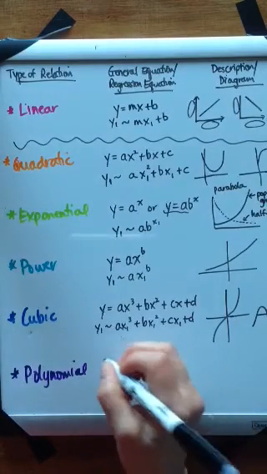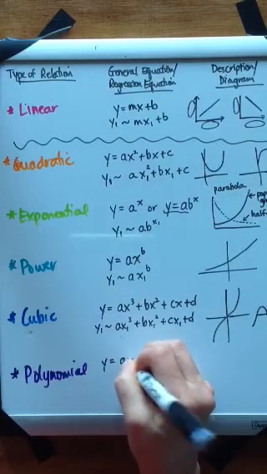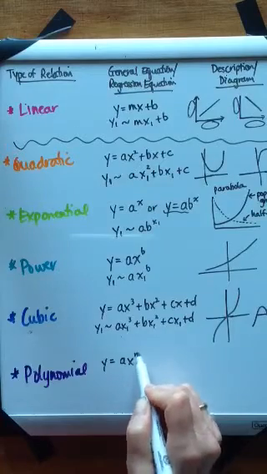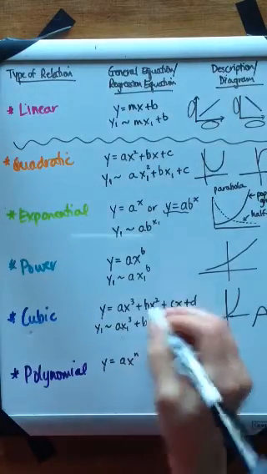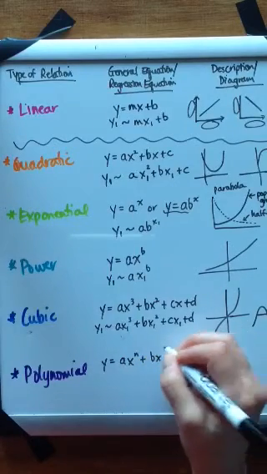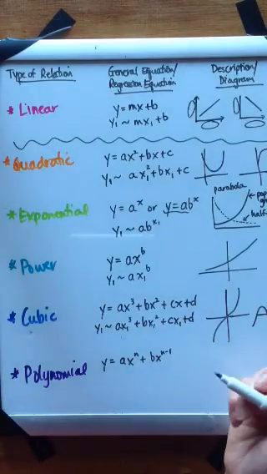Now, polynomial is kind of the end-all and be-all. It allows you to begin with any power beyond cubic, so x to the fourth, x to the fifth, and so on. So it's like cubic, but you're going to decrease the power of x by 1 in each case. So a cubic is an example of a polynomial.